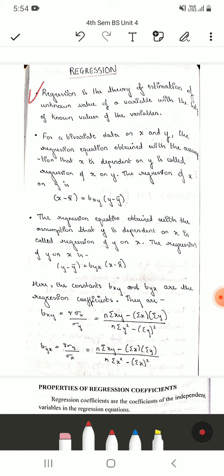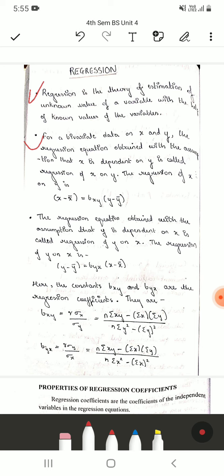When data on the two variables are known, we can assume that one of the variables is dependent on the other. With this assumption, we can fit a linear equation with the help of the method of least squares. The linear equation is called the regression equation.